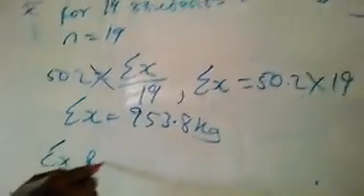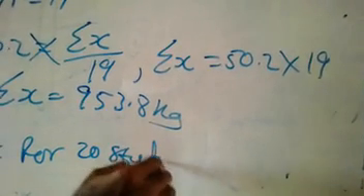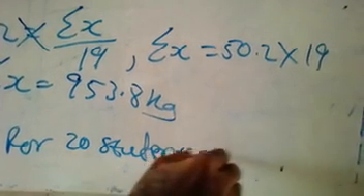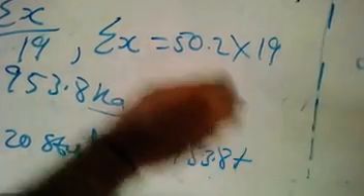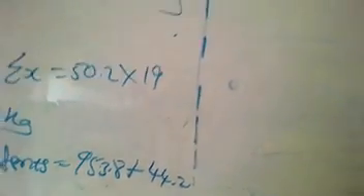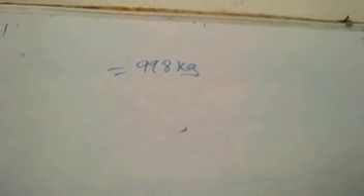So the sum of x for 20 students now, when you have added that one student, will be the sum of the masses of 19 students plus the mass of the new student, which is 44.2 kg. And when you punch your calculator, you'll be getting 998 kilogram. That is the sum of the masses of 20 students this time around.